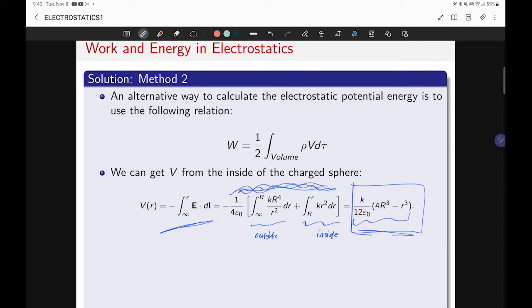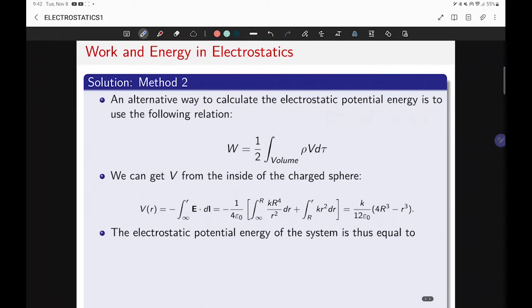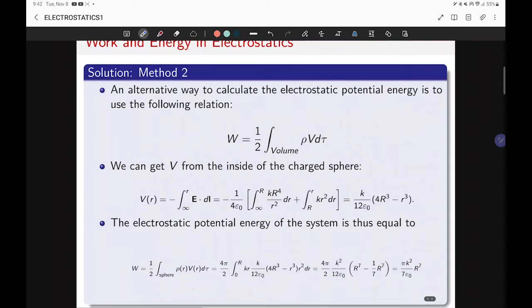So the electrostatic potential energy of the system is thus equal to, you substitute V, right? This is your V, you substitute it, and you begin integrating. I'll just leave this to you as an exercise, and you should be able to get this, and simplifying, you get this one.